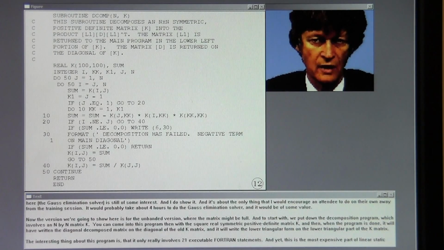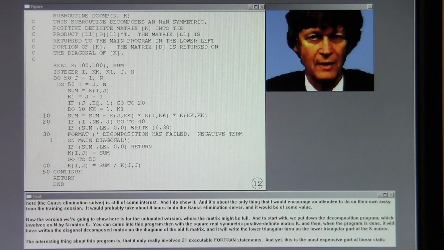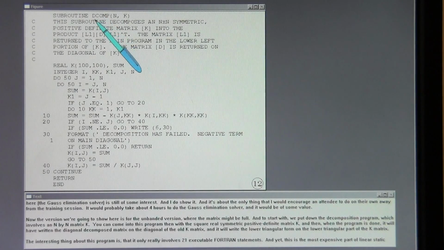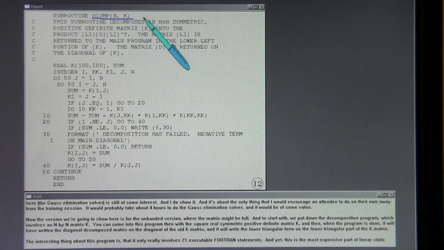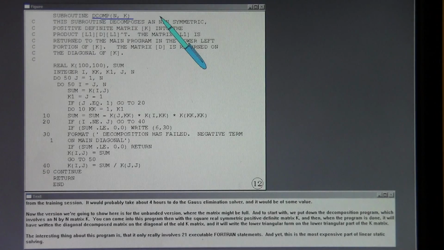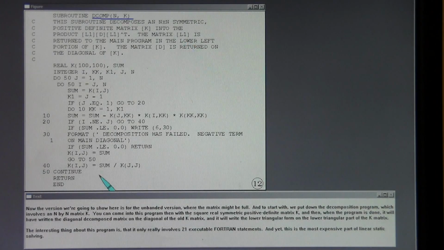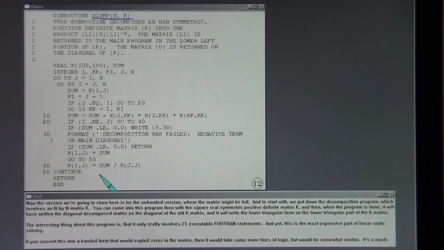Now the version we're going to show here is for the unbanded version where the matrix might be full. And to start with, we put down the decomposition program, which involves an n by n matrix K. You can come into this program then with a square, real, symmetric, positive definite matrix K, and then when the program is done, it will have written the diagonal decomposed matrix on the diagonal of the old K matrix, and it will write the lower triangular form on the lower triangular part of the K matrix.